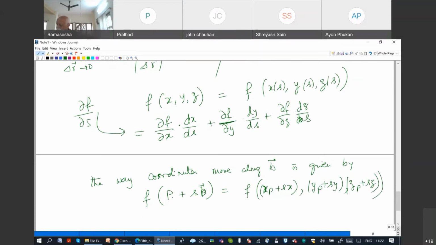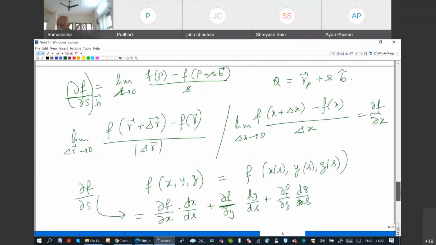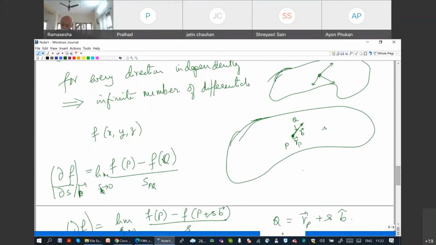Yes, sir. So if you have a point P here, given by the vector rp equal to xp i1 plus yp i2 plus zp i3, then if you want to move in the direction of B, B is defined by some s of this thing, i1 plus s of i2 plus s of i3.